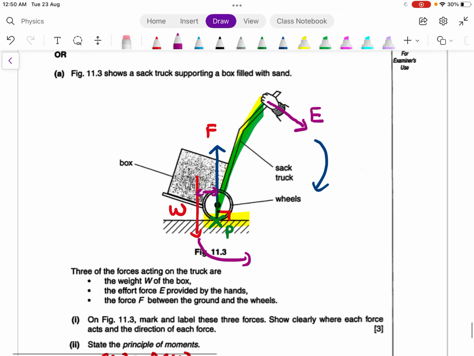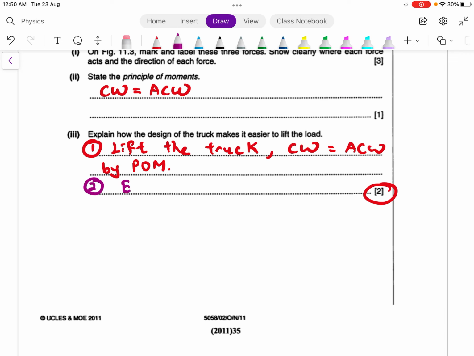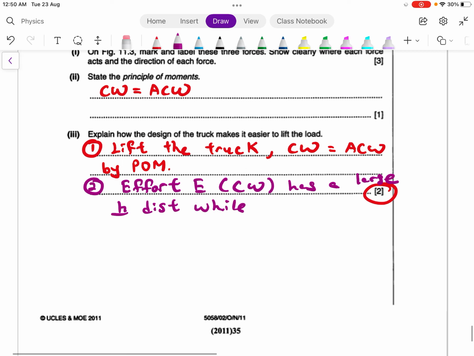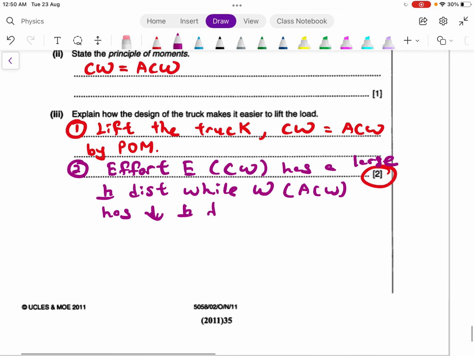You just say that, since the effort E, which provides the CW moment, has a large perpendicular distance, while the weight, which provides the ACW moment, has a small perpendicular distance, this will cause the effort E to be small. Right, so these are the 2 points to take note of.